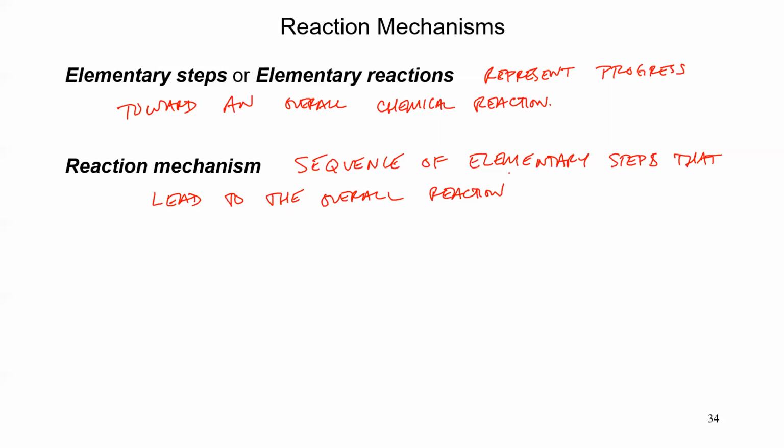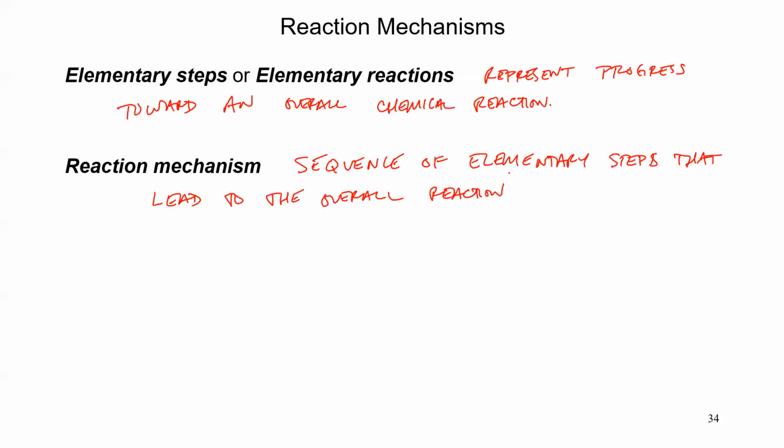We need to know not only what the steps are, but we need to have them in the right order. Remember, we talked about those intermediates, and if you make an intermediate in one step, you have to make sure that intermediate is used up in the next step. Otherwise, it's a product rather than an intermediate.